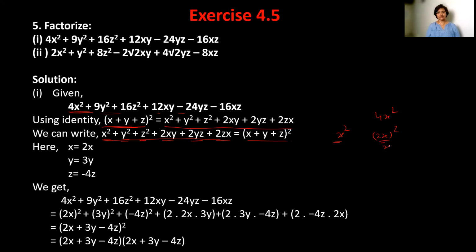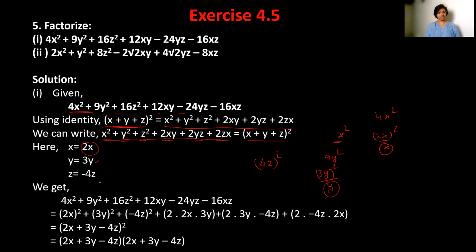This is the value of x, so I have written x equals 2x. Then similarly y: here it is 9y square, so you can write this as (3y) whole square. This is the value of y. Then 16z square, you can write as (4z) whole square.